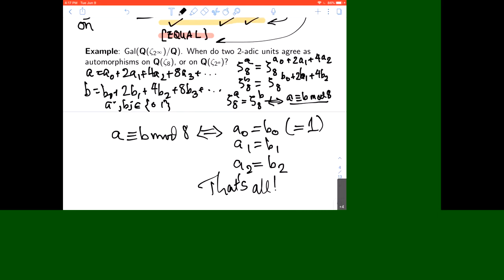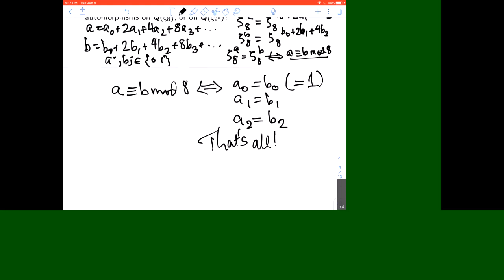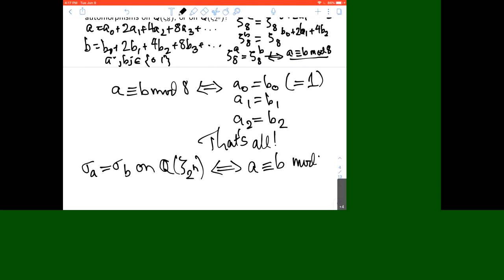And in the same way, if you wanted these automorphisms to be equal on the subfield of 2 to the n power roots of unity, by similar reasoning, you basically need those exponents to be the same mod 2 to the n.